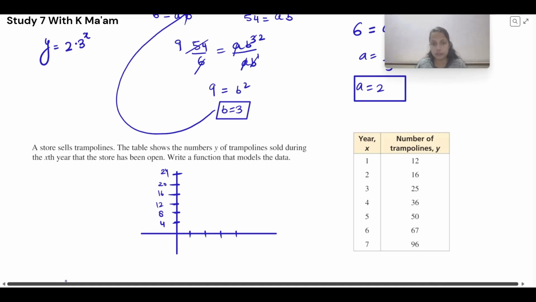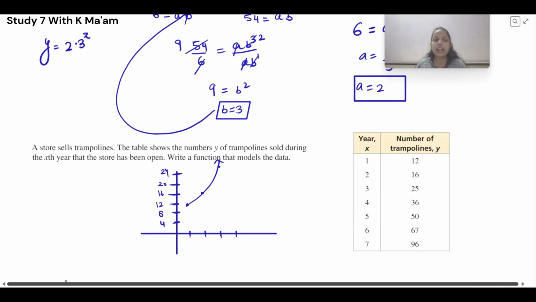Add 1, it's 12. Add 2, it's 16. Add 3, it's 25. It's very high. So it's not linear. It's going upward, so it's an exponential function.